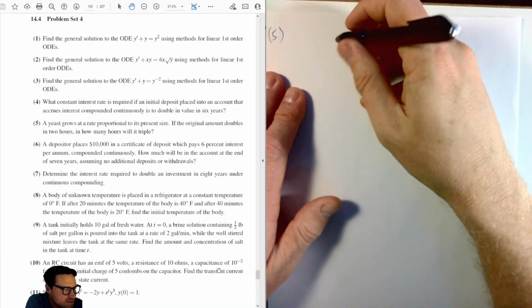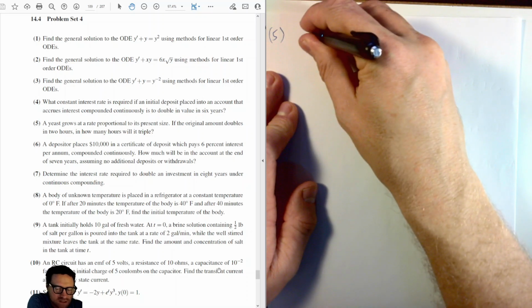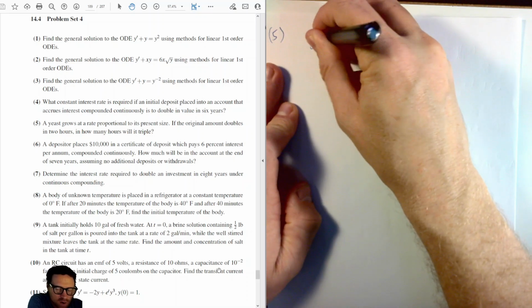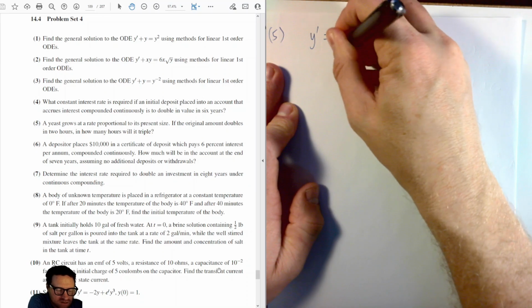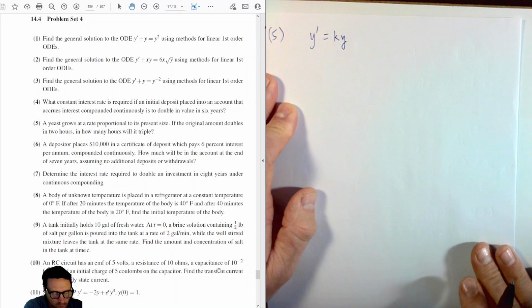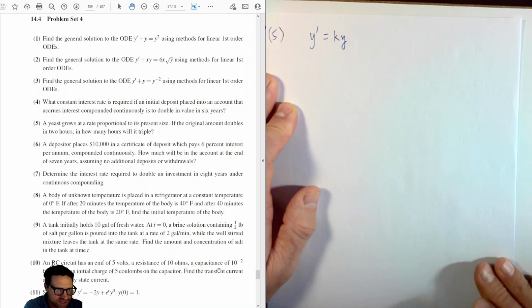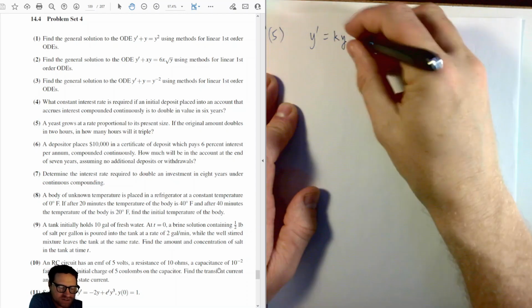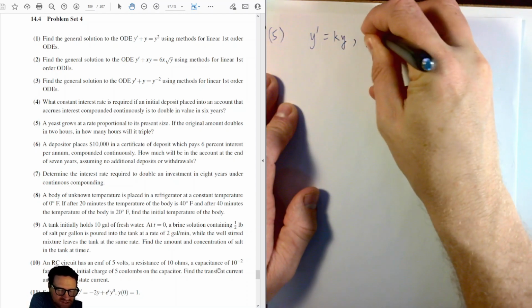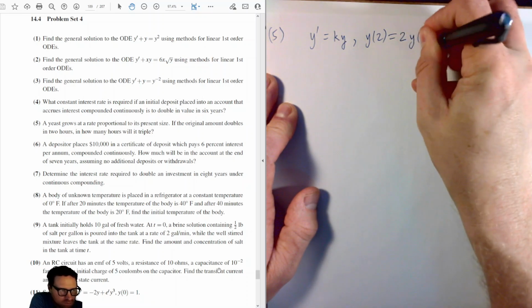So a yeast grows at a rate proportional to its present size. So we can express this as y dash is equal to k times y, where y is the present size. If the original amount doubles in 2 hours, okay, so let's write this. Y of 2 is equal to 2 times y of 0.